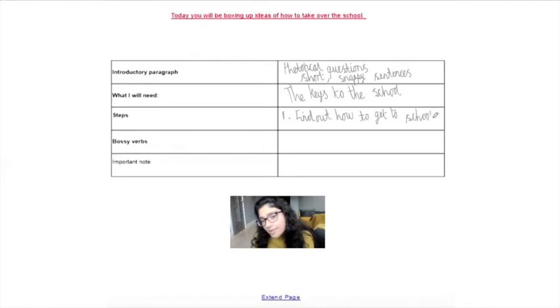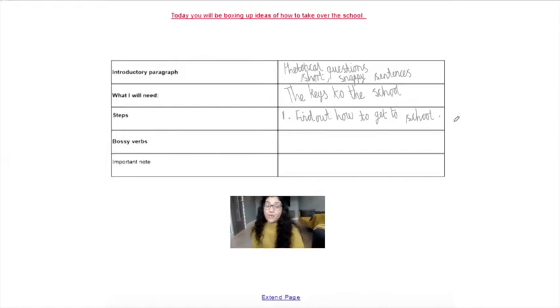Now this is a box up, so notes are allowed, of course. Short sentences are fine, but remember, we are writing sentences still, so ending your sentence with a full stop.